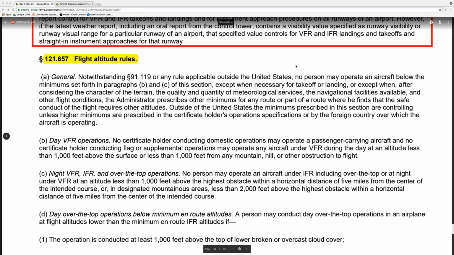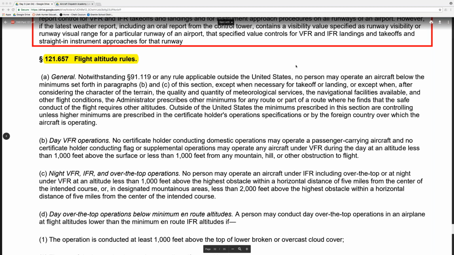Let's hold on for just a second. Okay, so this is just talking about, like it says, flight altitude rules. Basically all it's saying is that there's flight altitude rules and restrictions.